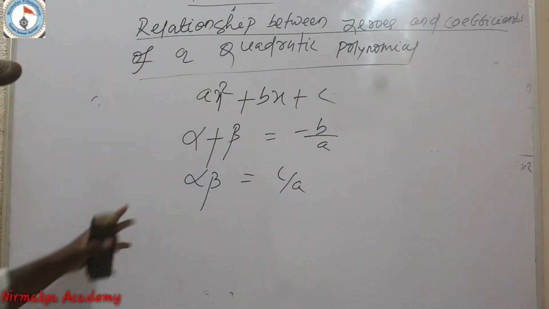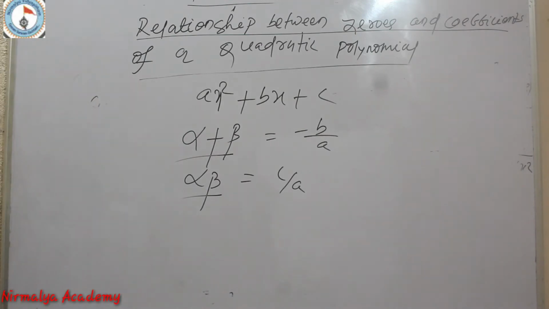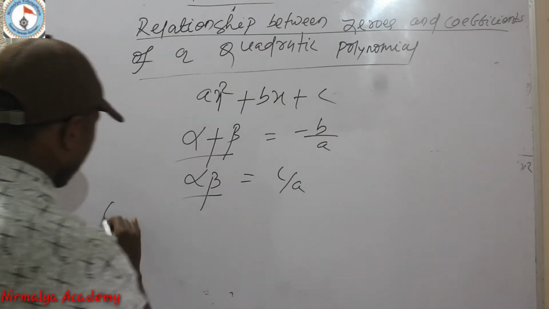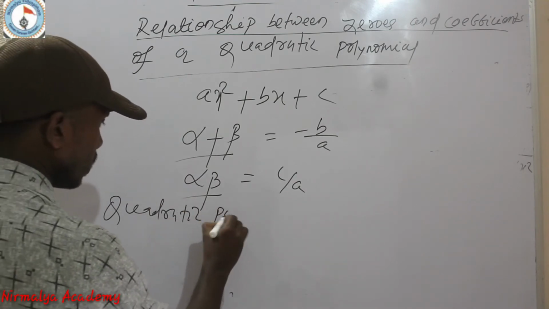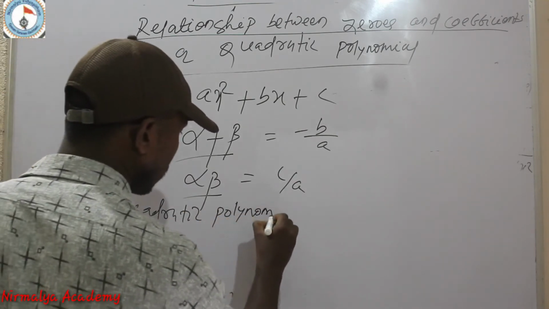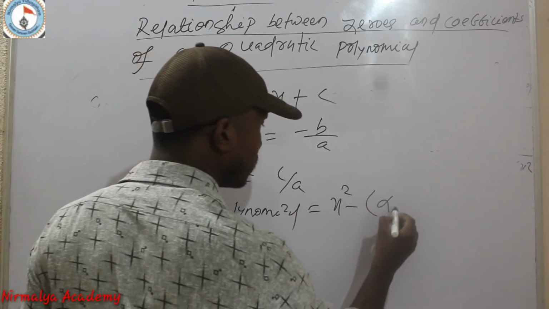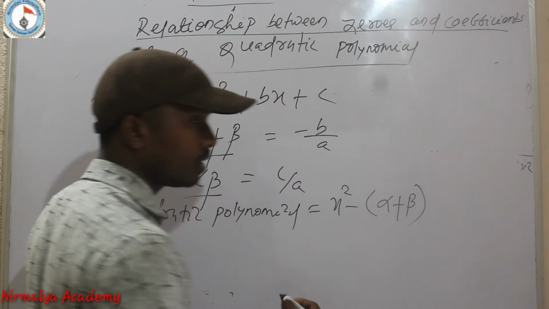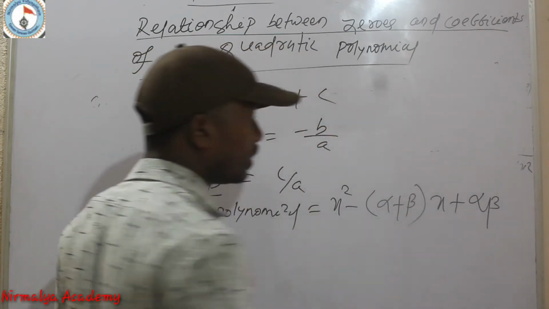So again, if you know the sum of zeros and product of zeros, then you can write the polynomial also. So the quadratic polynomial equals x square minus (sum of zeros, that is alpha plus beta) into x plus product of zeros alpha into beta.